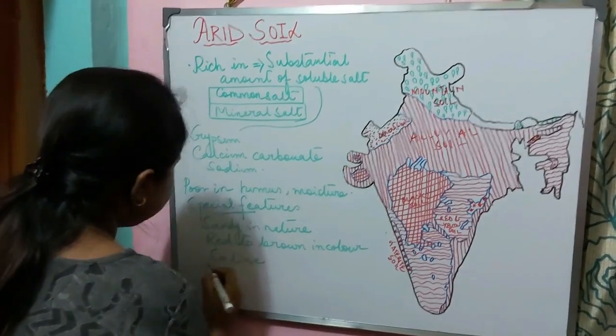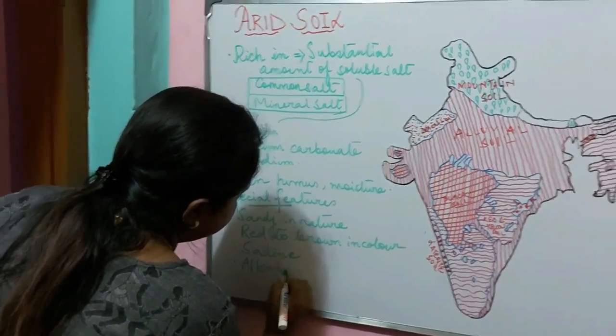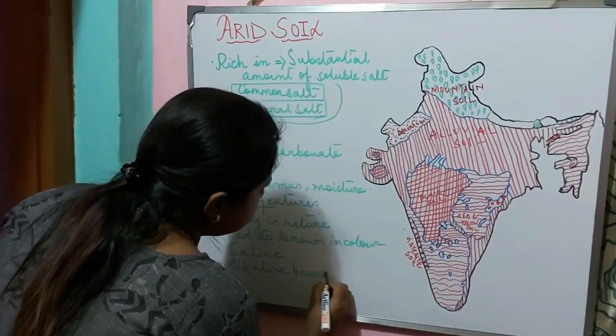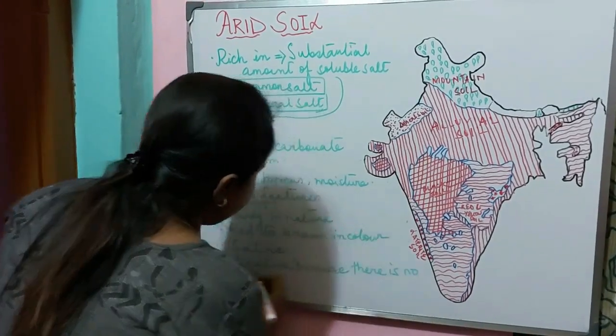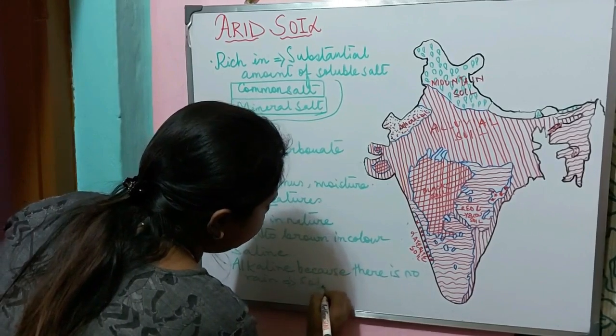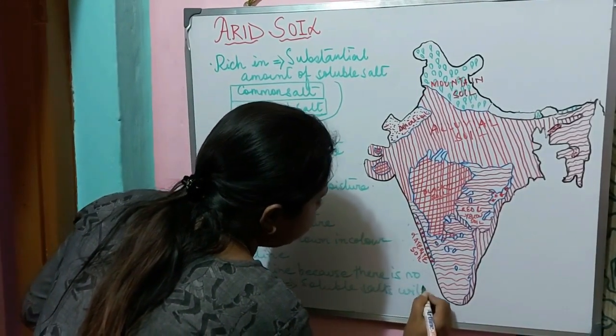What else? It is alkaline. Why alkaline? Because there is no rain. So if there will be no rain, then how will the soluble salts which are present get washed away?